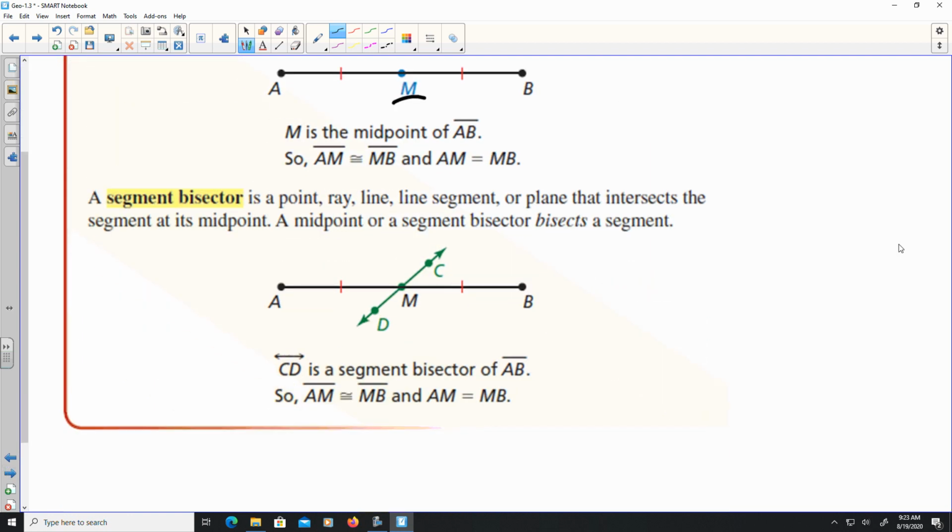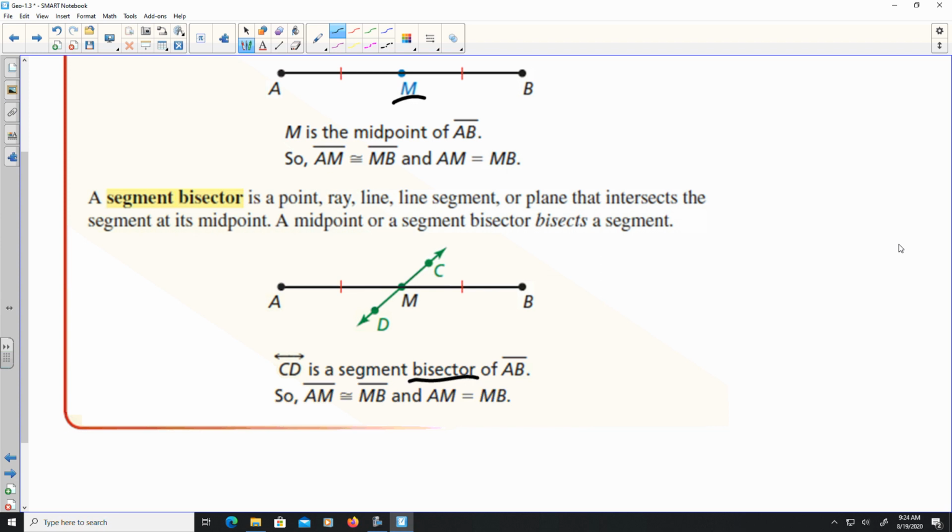Below this, we talk about a segment bisector, which means you could have a point, a ray, a line segment, or a plane that intersects the segment, which would then also be the midpoint. In this particular example, they're looking at line CD, and it says that it is a segment bisector.